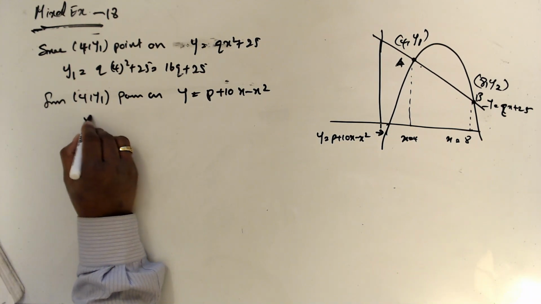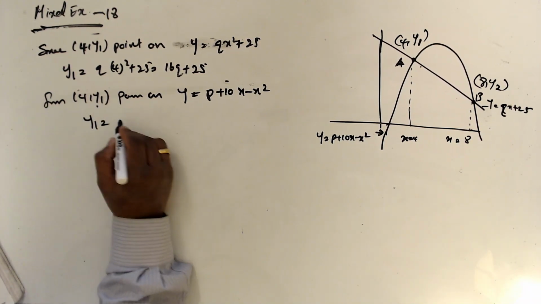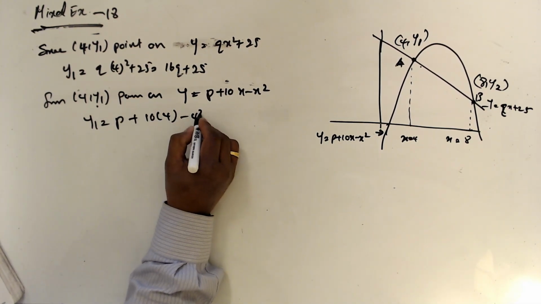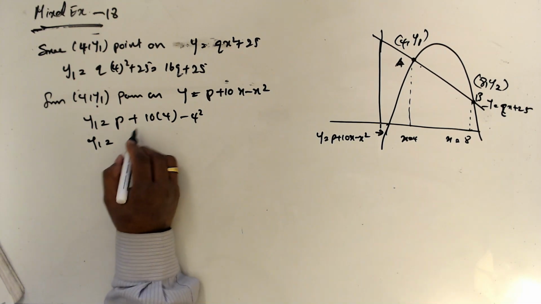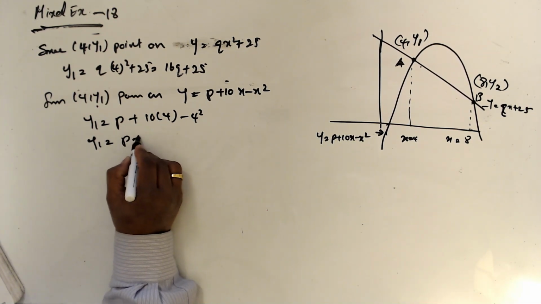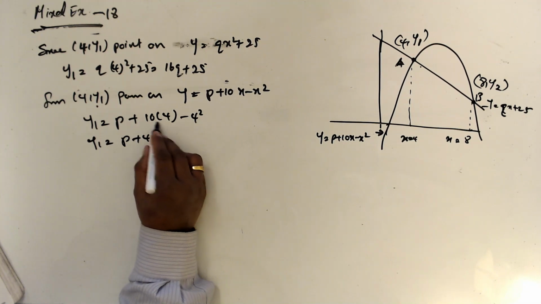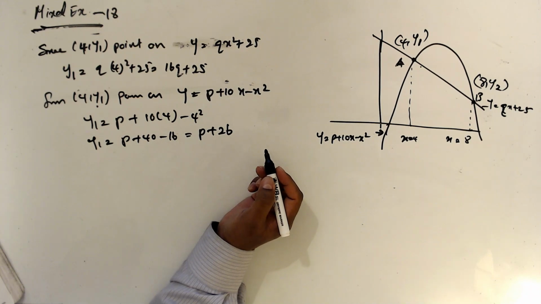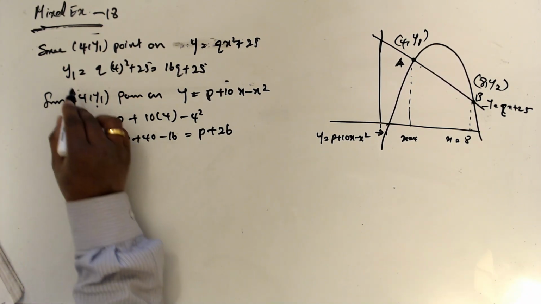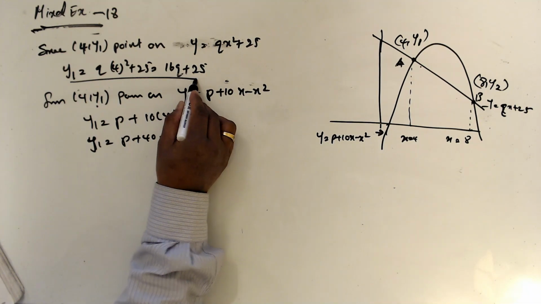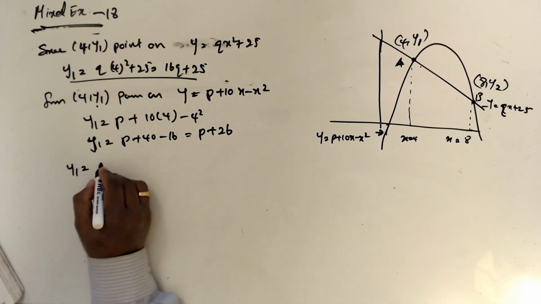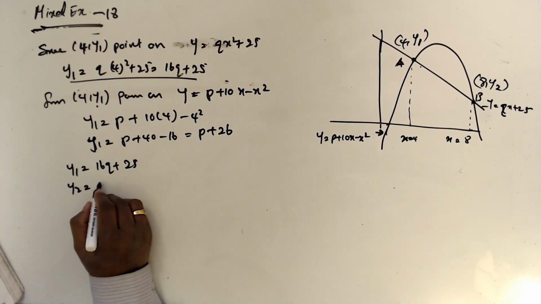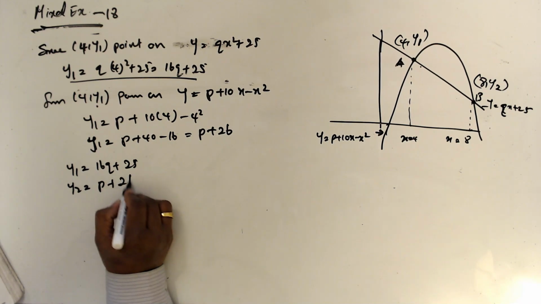So I can write y1 equal p plus 10 times 4 minus 4 square. So y1 equal p plus 40 minus 16, which is p plus 26. Now y1 equals 16q plus 25 and y2 equal p plus 26.